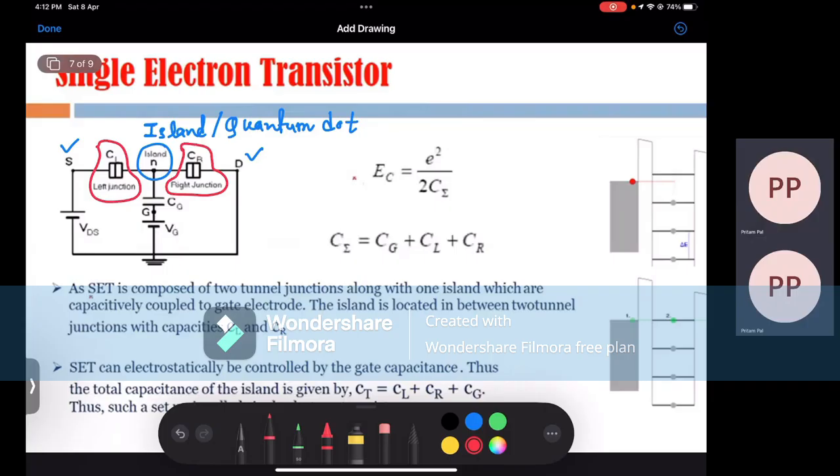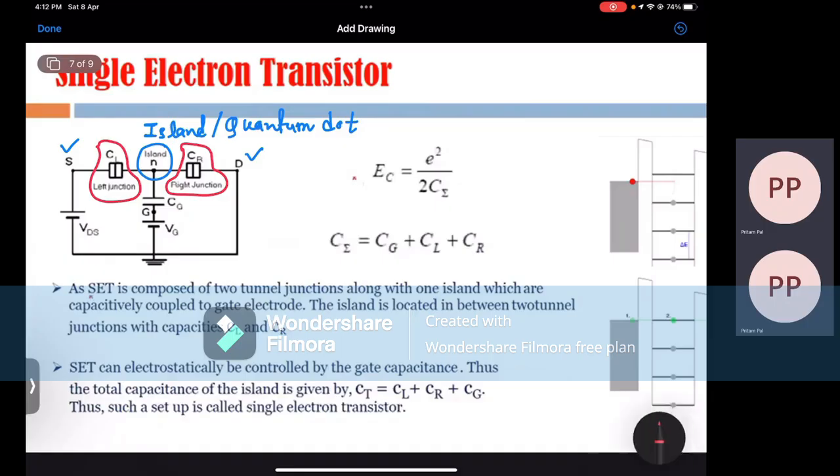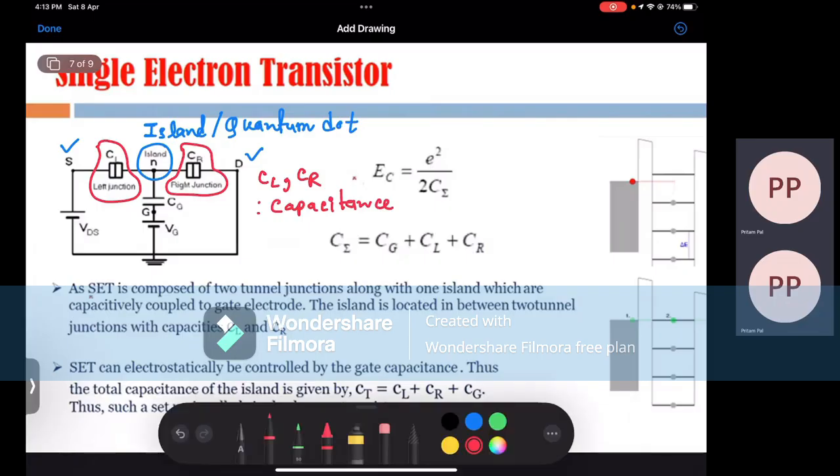So there is a capacitance here, that is the left junction capacitance, and another is the right junction capacitance. These are the capacitances that we have. So between this island or quantum dot and the drain, right now a gate.